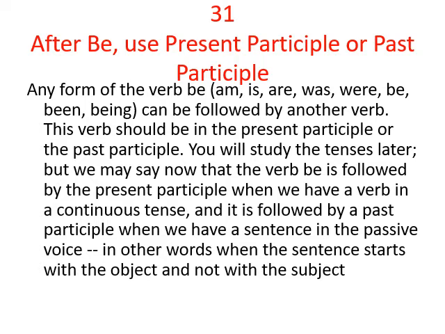يعني ما أقول مثلا I am studying. And it is followed by a past participle when we have a sentence in the passive voice المبني للمجهول. يعني بقول I am reading the book، لكن أقول the book is read. I am reading دي بقت فعل.